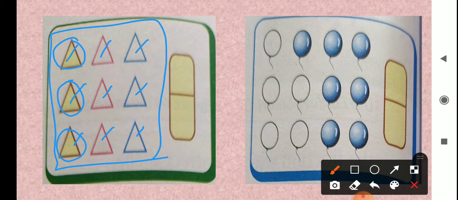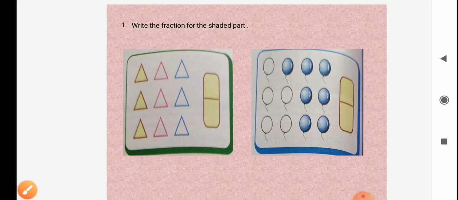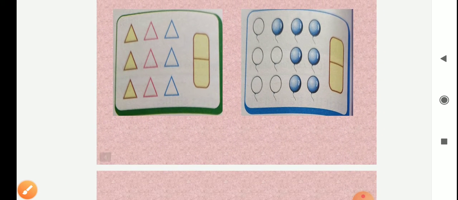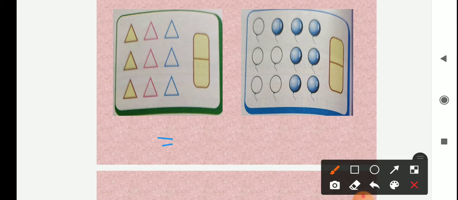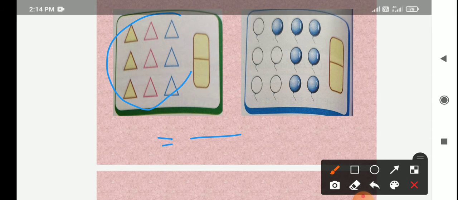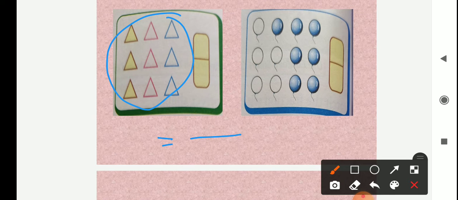3 triangles are shaded. So how to write the fraction for the shaded parts? Students, you have learned the fraction for the shaded parts is equal to the number of shaded parts over the total. Here the total number of triangles is 9, so we write 9 at the denominator place.